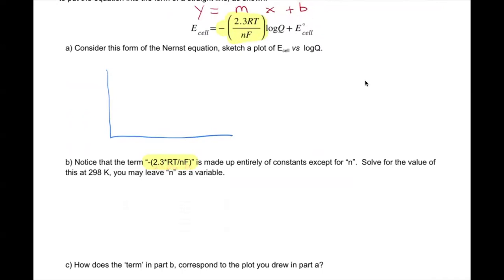So on our calculator we can simplify this by doing the math on all of our constants and leaving this in terms of N. If we take 2.3 times R times temperature divided by F, we'll be left with some number still divided by N. We can take that whole expression, instead of having all those constants, and end up with some expression that's going to be negative, whatever you get for a calculation, divided by N. It's just a way of simplifying this expression by combining all those constants. So you have to figure out what numerical value would go here.